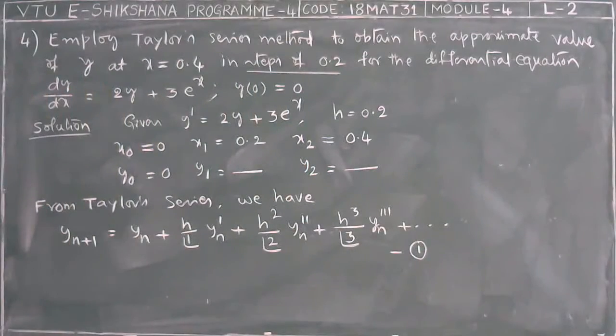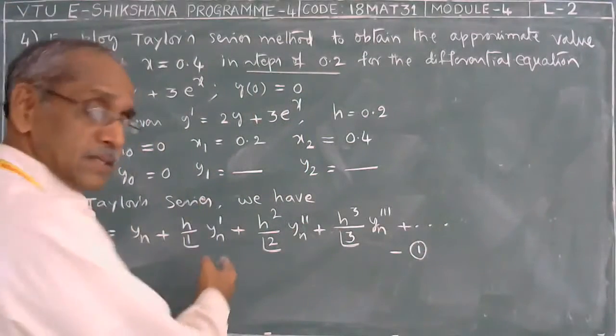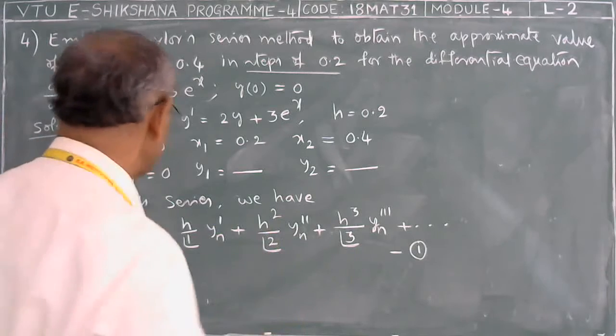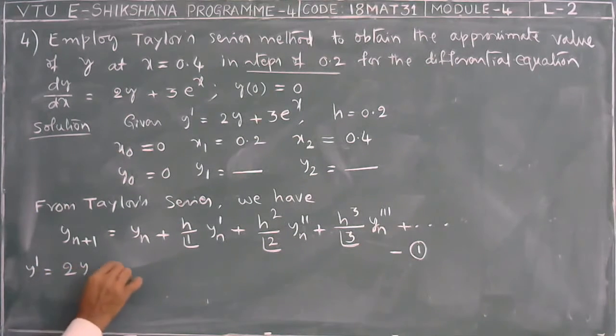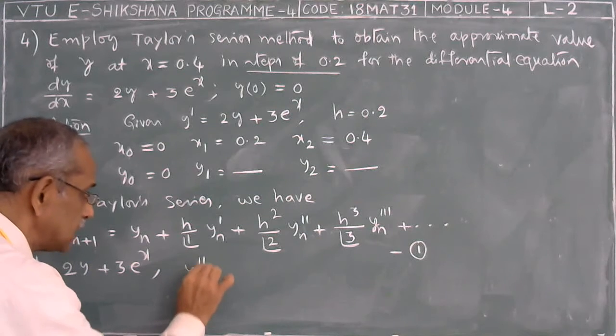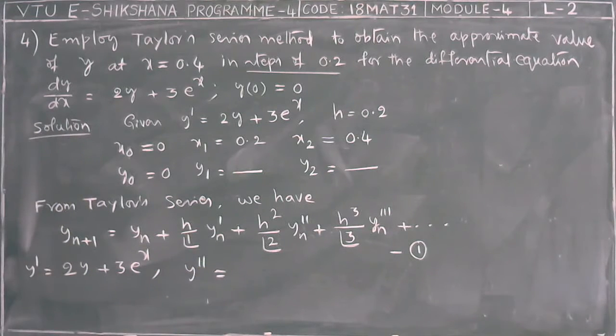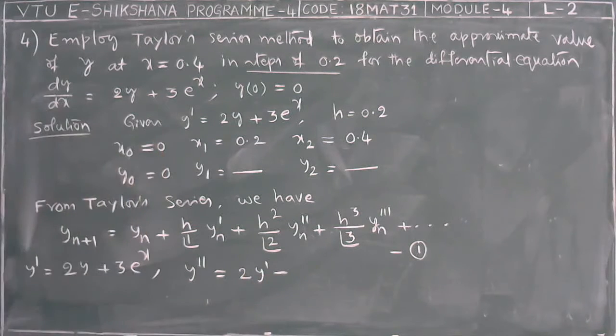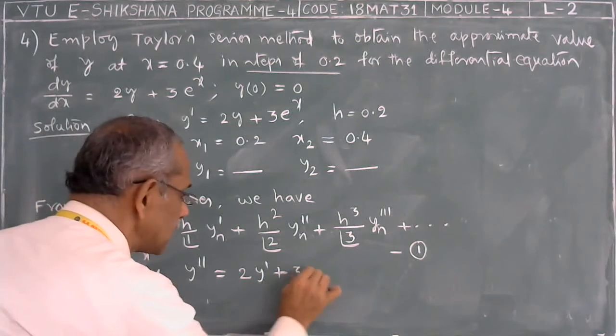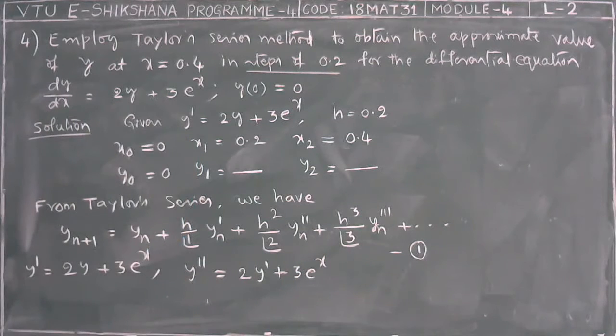Now let me find the successive derivatives, y double dash, y triple dash. y dash is already given: y dash is 2y plus 3e power x. Differentiating with respect to x, we get y double dash, a simple differentiation: 2 into y dash plus 3 into differentiation of e power x, which is e power x only.